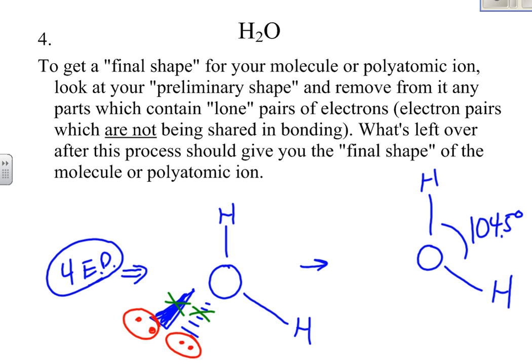The exact amount probably isn't going to be all that significant for us at this point, but we do want to know that the lone pairs located on the other side of the oxygen are pushing those in just a little bit. Now, the name here would be called bent or angular. So you'd have a name to go along with that also.